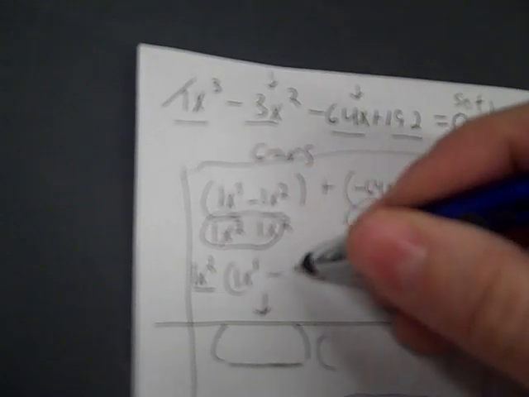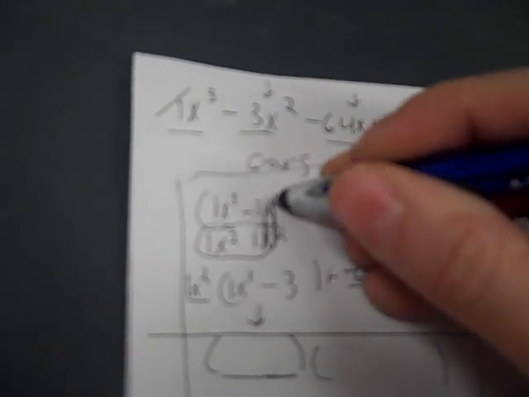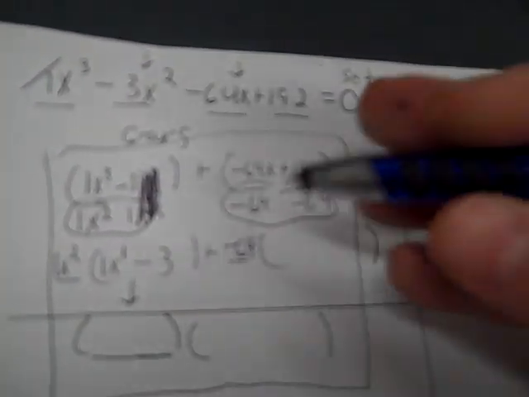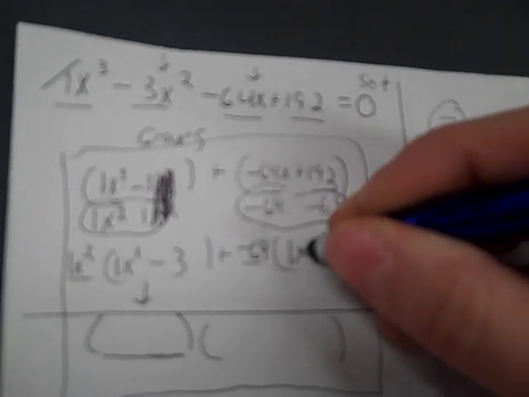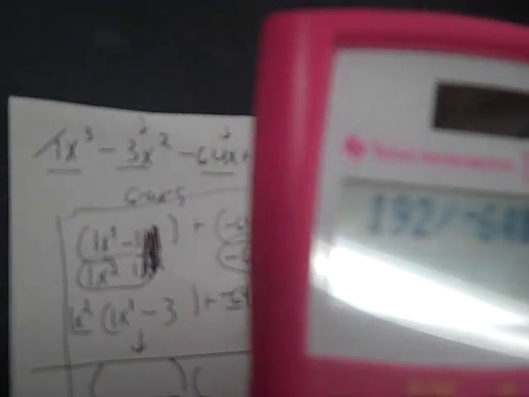And then I take negative 3 divided by 1, which is negative 3, so minus 3. And then the x's here cross out. Okay. Now I divide negative 64 by negative 64. I divide the big numbers. I got 1, but then the x just slides down onto that 1. And then positive 192 divided by negative 64 is negative 3.